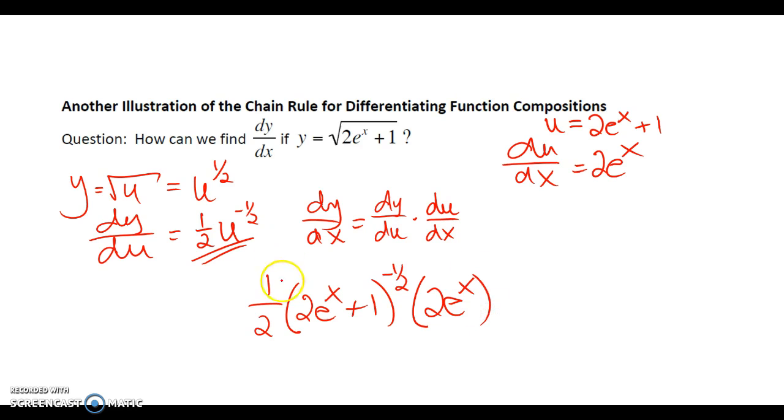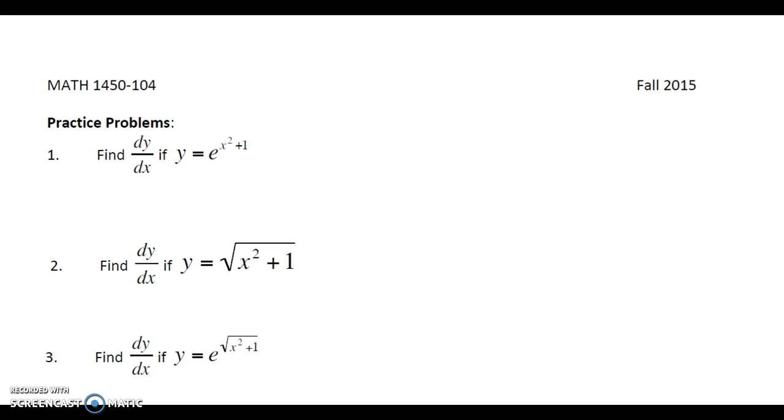And we could simplify, right? 1/2, this and this cancel. And I could write this if I want. E to the x remains in the numerator, and I'll move this down as the square root of 2e to the x plus 1. Okay? Let's try the next one.